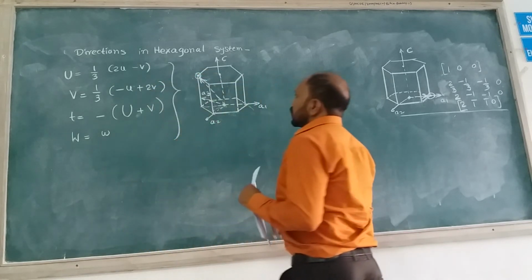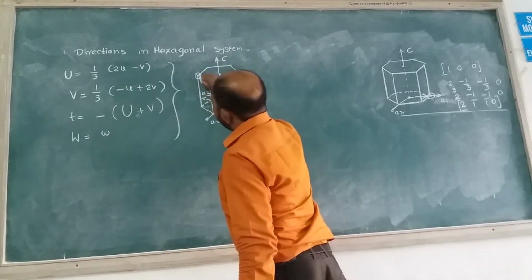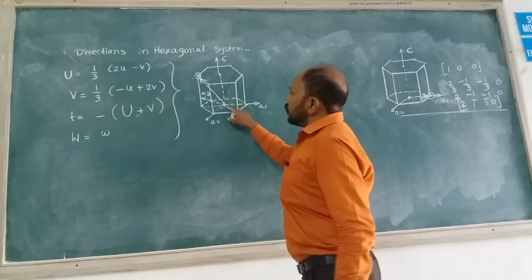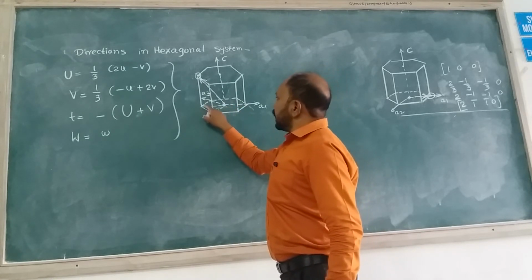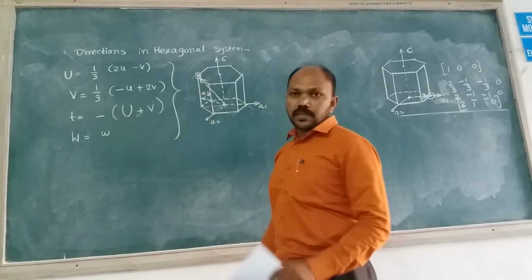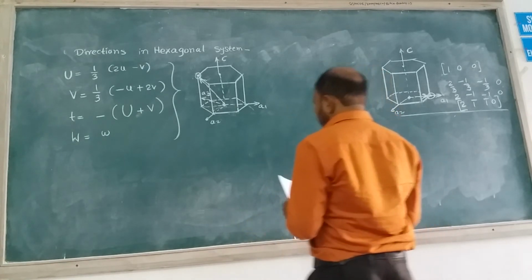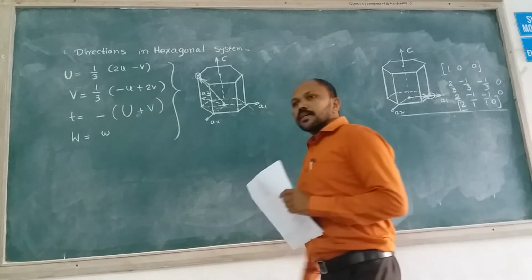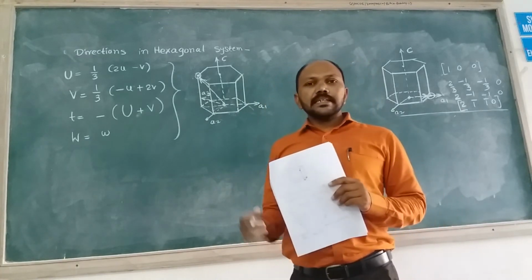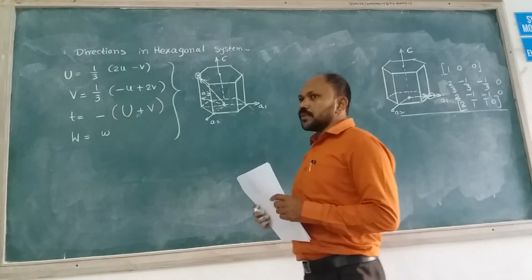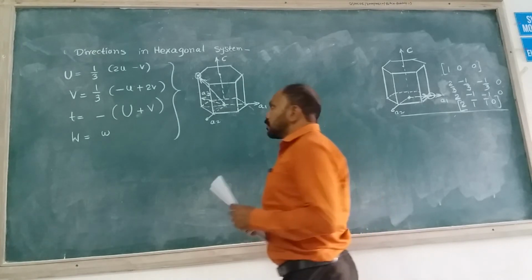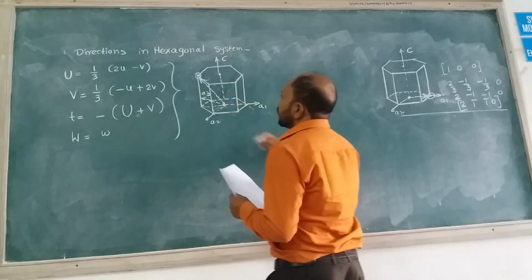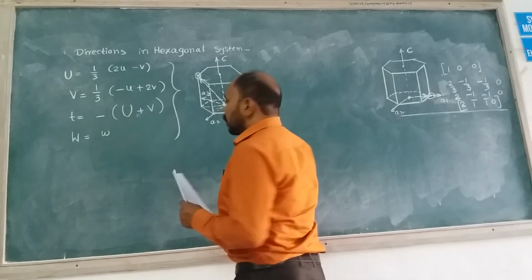So negative a1 direction and then positive c direction, and we get to this point. Before that, we use our three directional system, find out the u, v, w values, and then substituting here we get all four values.